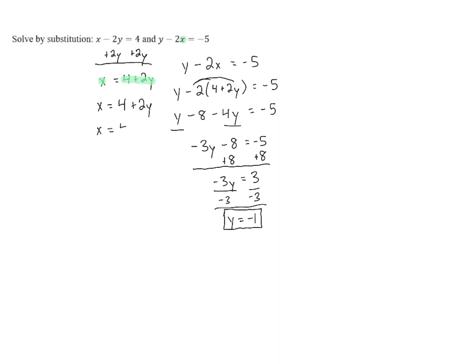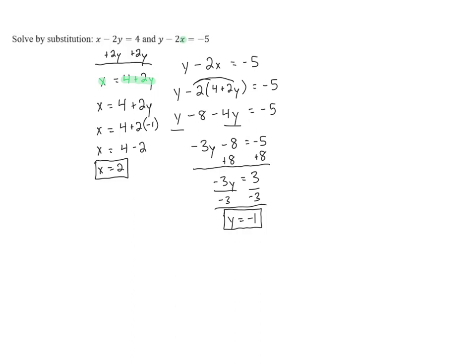We've got x equals 4 plus 2 times y, which we said was negative 1. Now, 2 times negative 1 is negative 2, so this is going to end up being 4 minus 2. And 4 minus 2 is 2, so we end up with x equals 2.